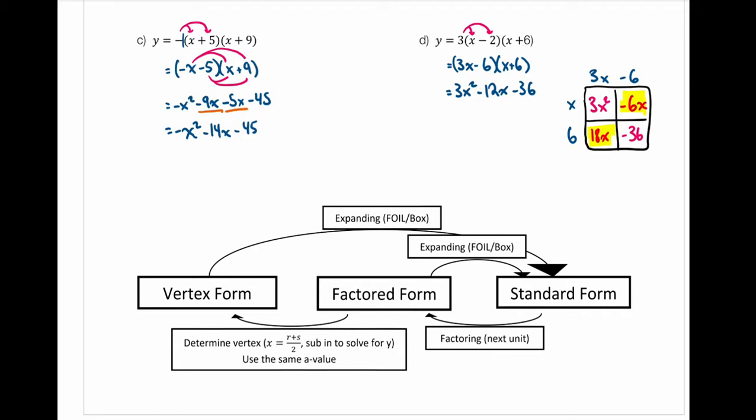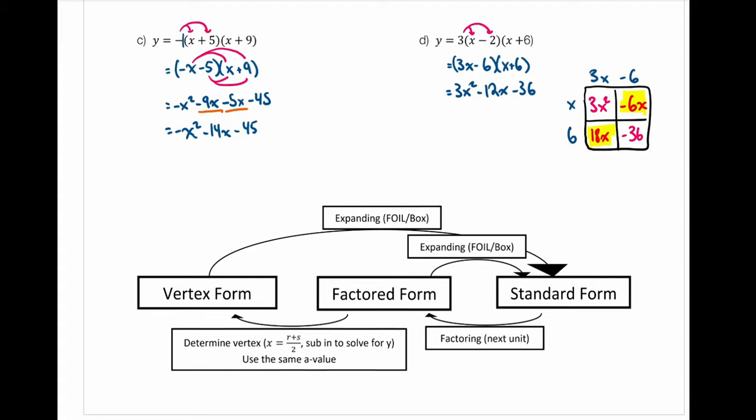So factored form is actually quite versatile because from that one form alone, we can go to either vertex or standard form. And then finally, standard form, we can only convert going back to factored form by using factoring, which we are going to learn or review, I guess I should say, in the next lesson.